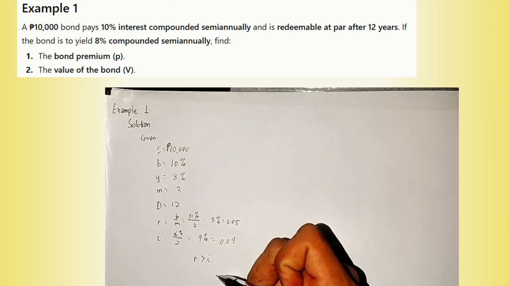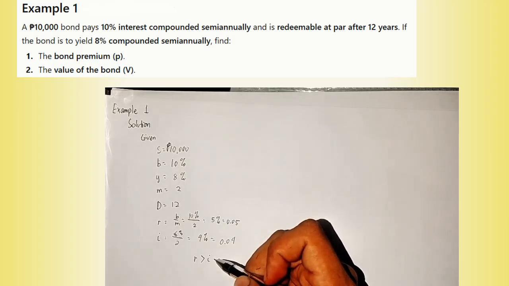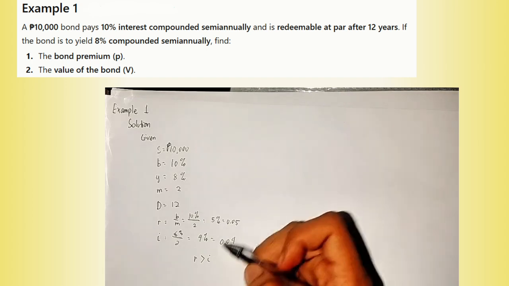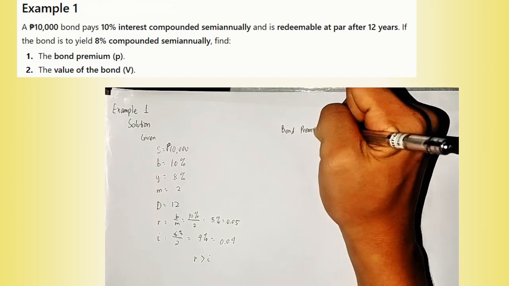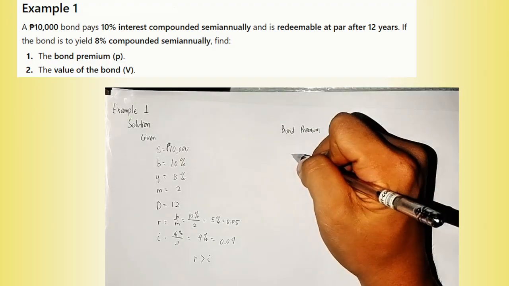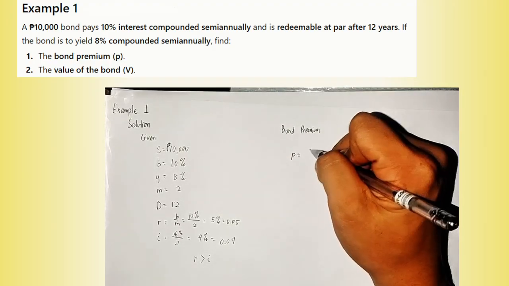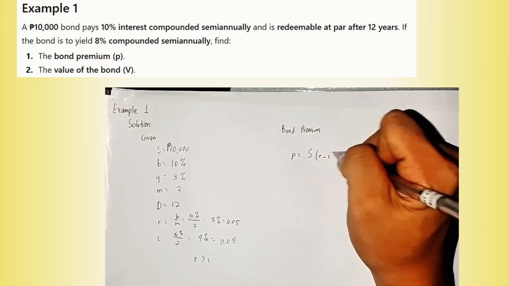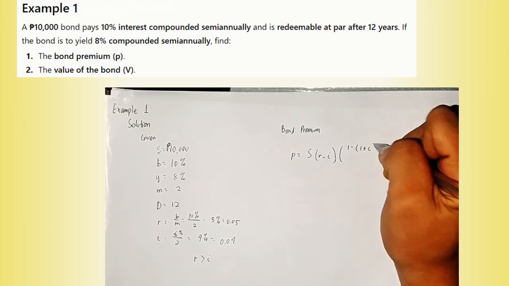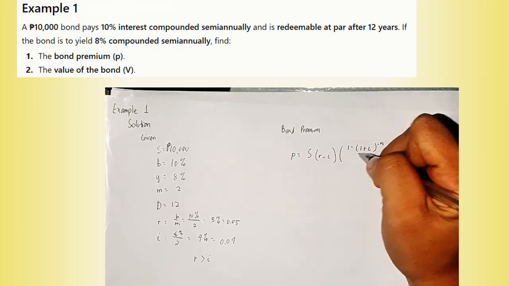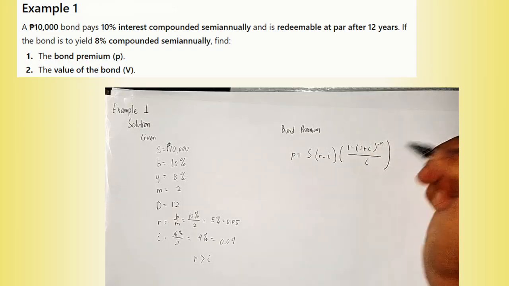So it is bond premium. And for the formula for bond premium, we have P is equal to S times (R minus I) times (1 minus (1 plus I) to the power of negative N) over I.